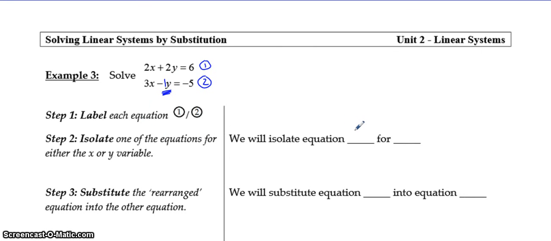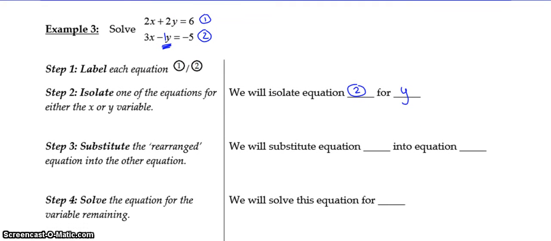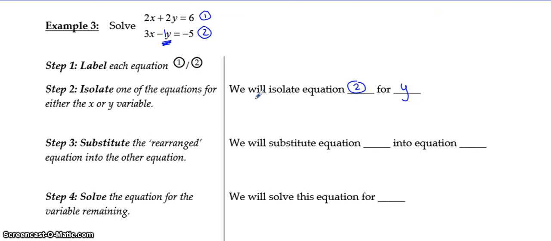So we're going to isolate equation 2 for the y value. So this equation starts off with 3x minus y equals negative 5. There are different ways that you can isolate this. The one that I'll show you here is we're going to subtract 3x from both sides.